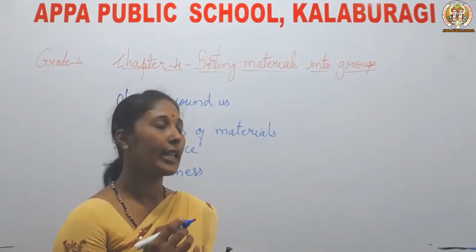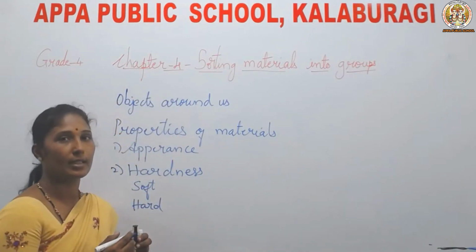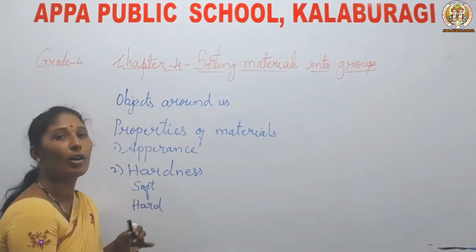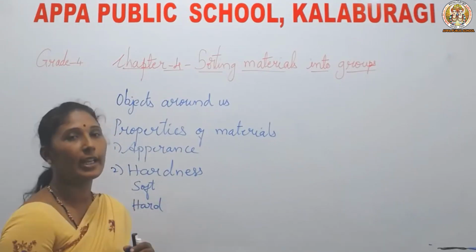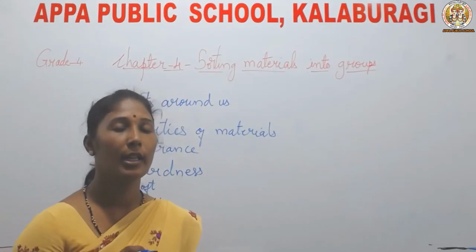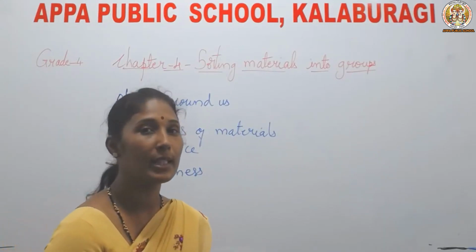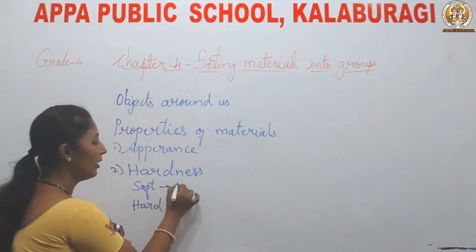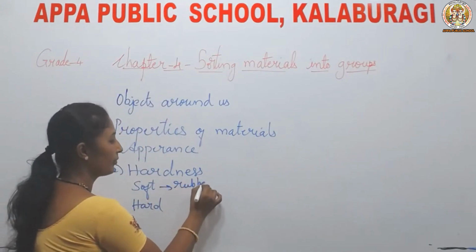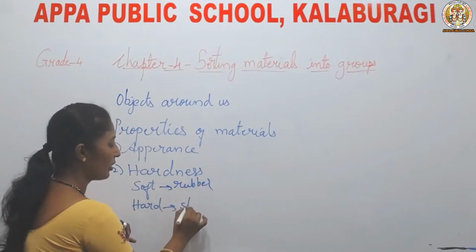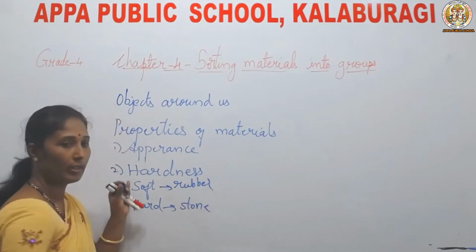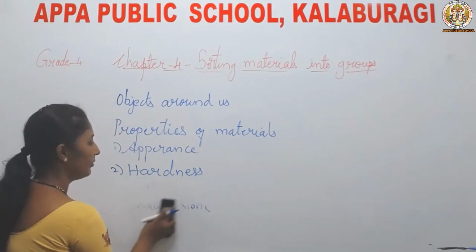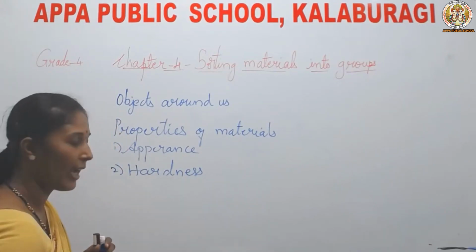Those objects that are difficult to compress are called hard materials. Example, rubber is soft, and stone is hard. This is the second property.